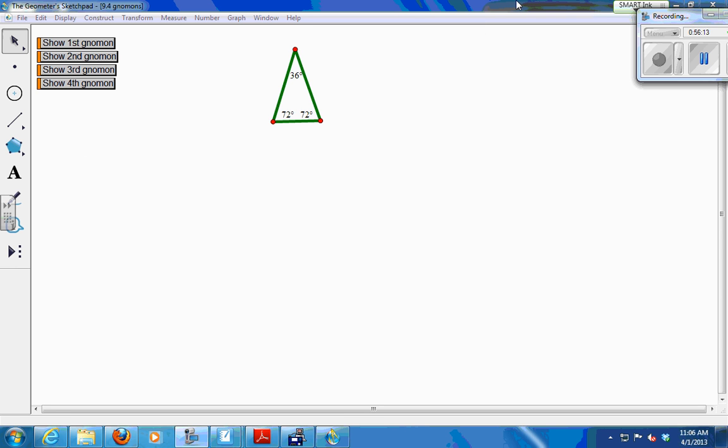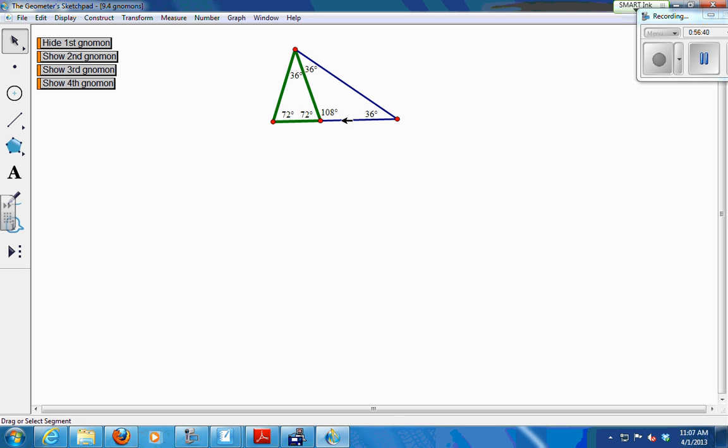Okay, so here's my 36, 72, 72 triangle. And I purposely started it pretty small because the picture gets big quickly. So I drew my first gnomon, 36, 108, 36 triangle. So that creates, right, 72 degrees right here, 72 degrees right here, and 36 degrees here.